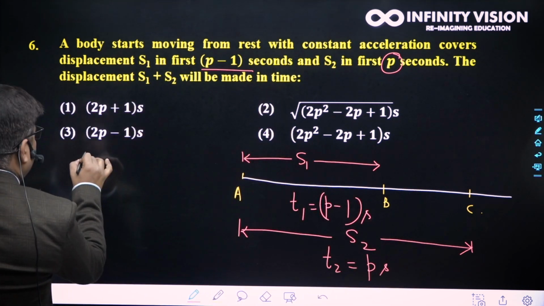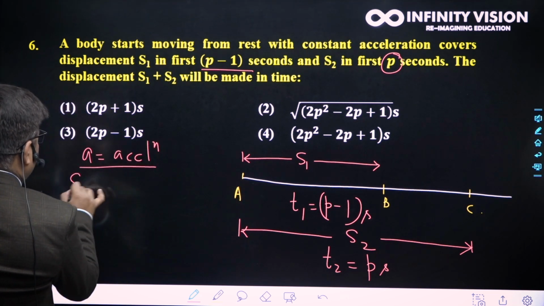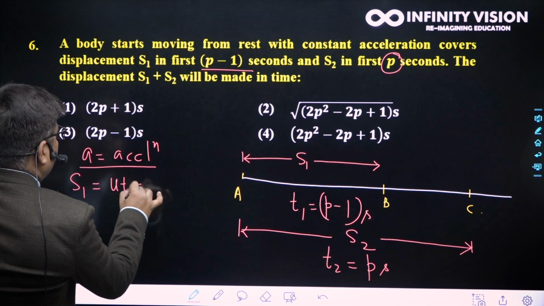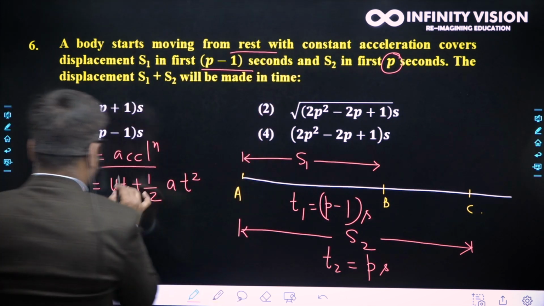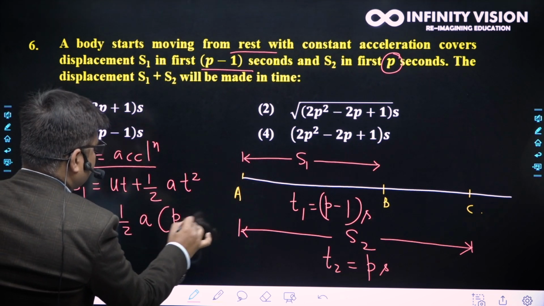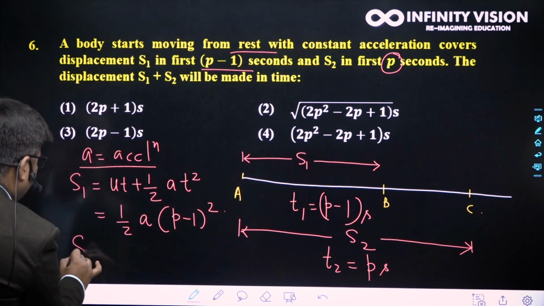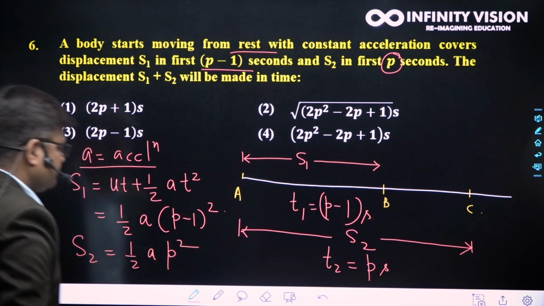So let's suppose the acceleration of the particle, which is constant, is a. We can write s1 equal to ut plus half at square. Since it is starting from rest, u will be 0, so s1 is half a, and time is p minus 1 whole square. Similarly, s2 will be half a p square.